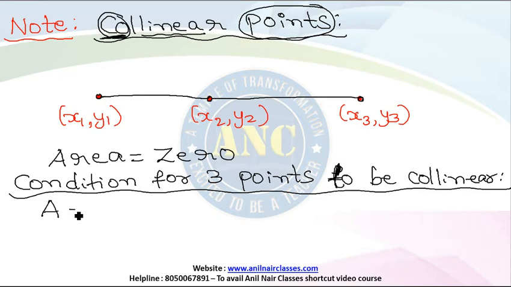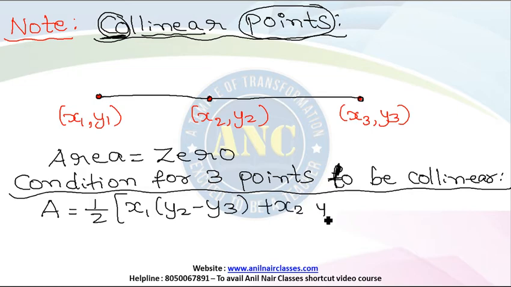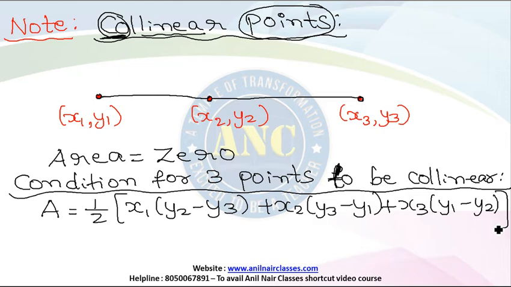The area of a triangle with 3 points forming a closed figure is half into x1 times (y2 minus y3) plus x2 into (y3 minus y1) plus x3 into (y1 minus y2). This is the area of the triangle formed by joining 3 points.